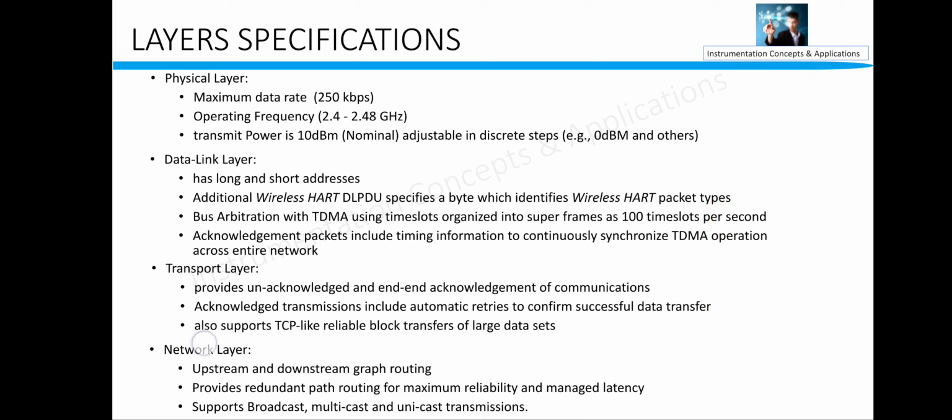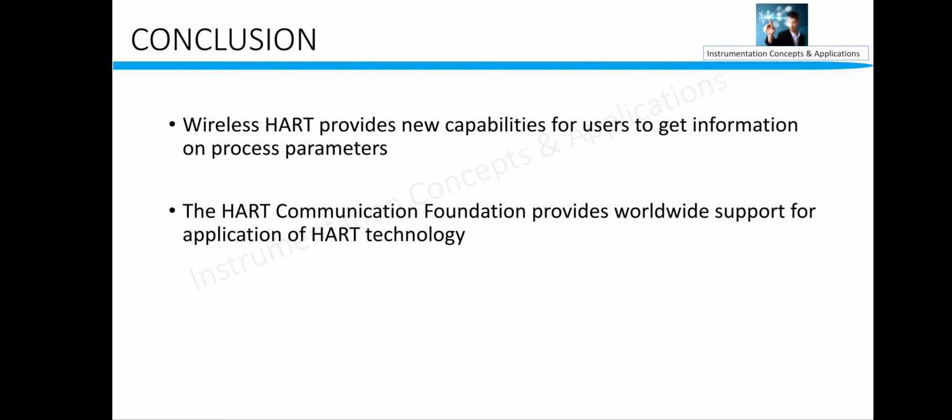The transport layer provides unacknowledged and end-to-end acknowledgement of communications. And in the network layer, upstream and downstream graph routing provide redundant path routing for maximum reliability and management of latency, and support broadcast, multicast, and unicast transmission.